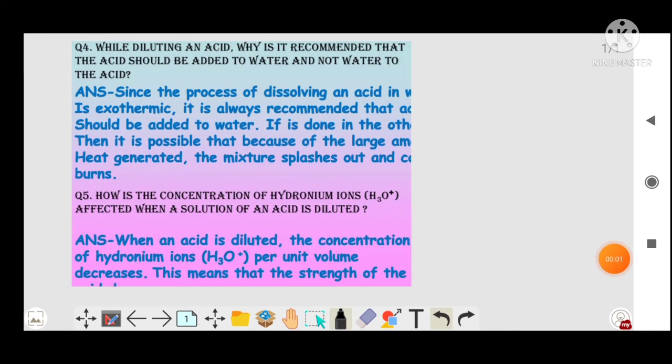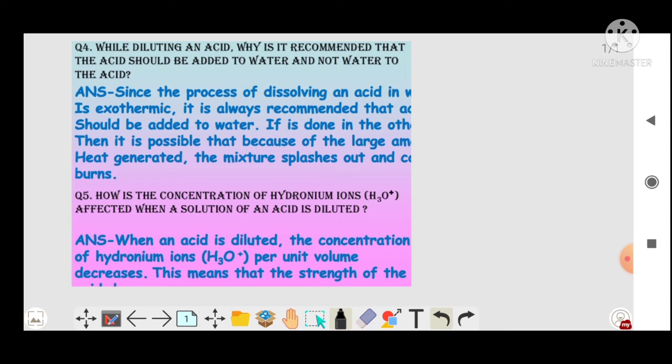Next question. While diluting an acid, why is it recommended that the acid should be added to water and not water to the acid? Because the reaction of acids and water is exothermic. The process of dissolving acid in water is exothermic, so it is always recommended that acid be added to the water.